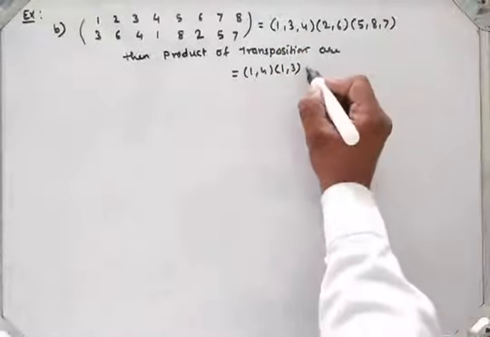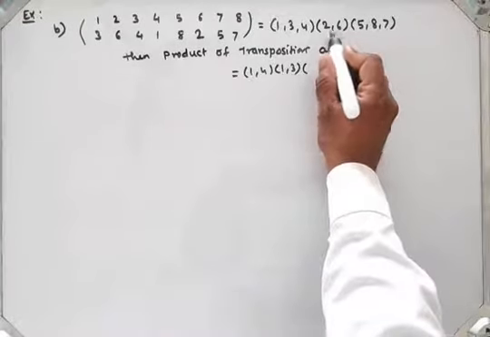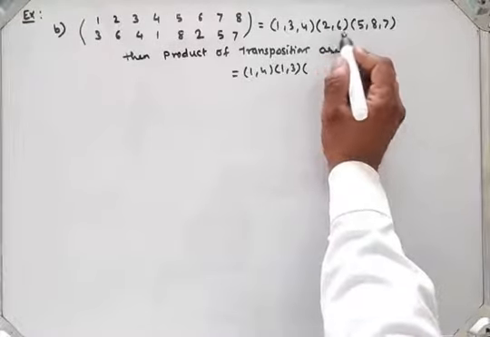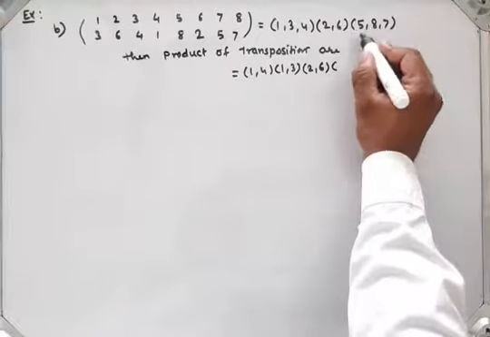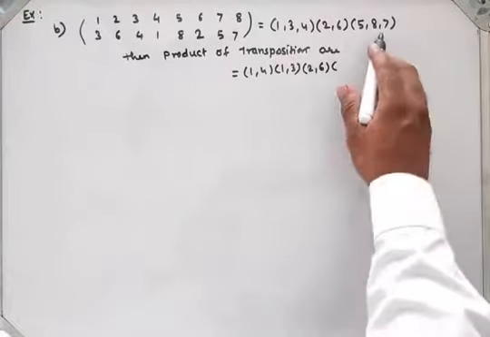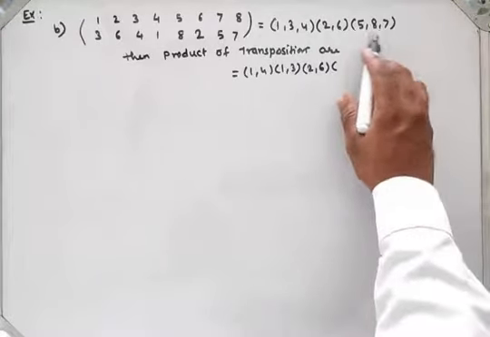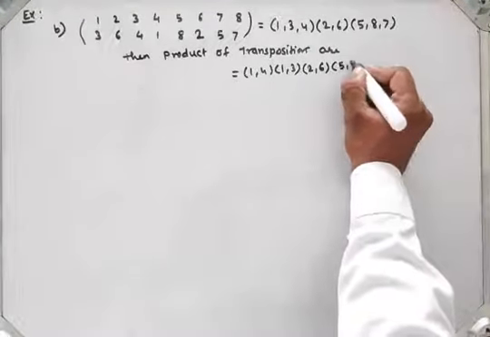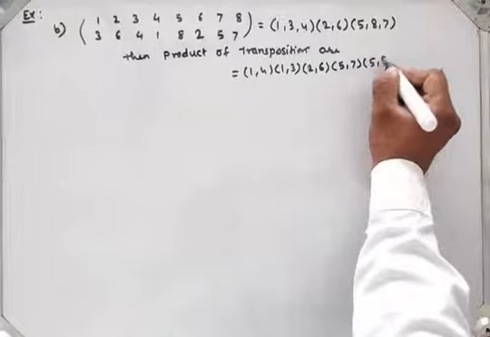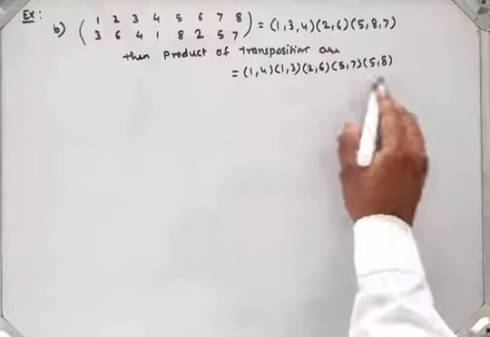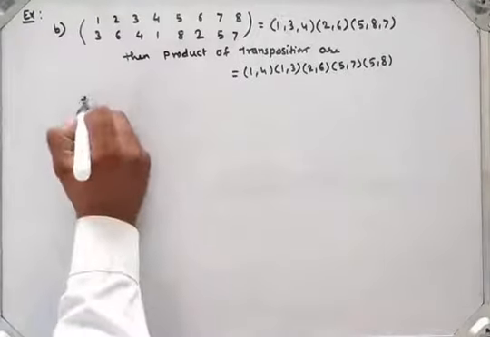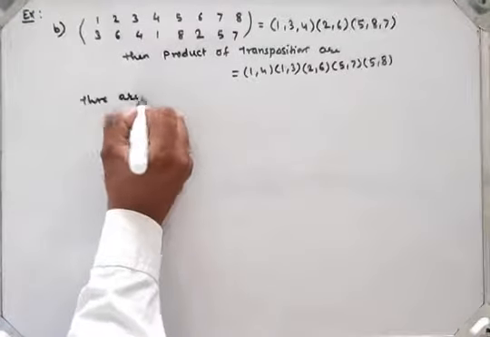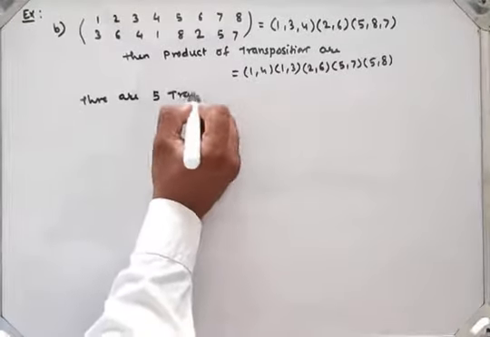Now this one is a cycle of length 2, which is a single transposition. For this cycle of length 3, we have to find two transpositions: 5 goes to 7 and 5 goes to 8. So in total, how many transpositions are there? 5 transpositions.